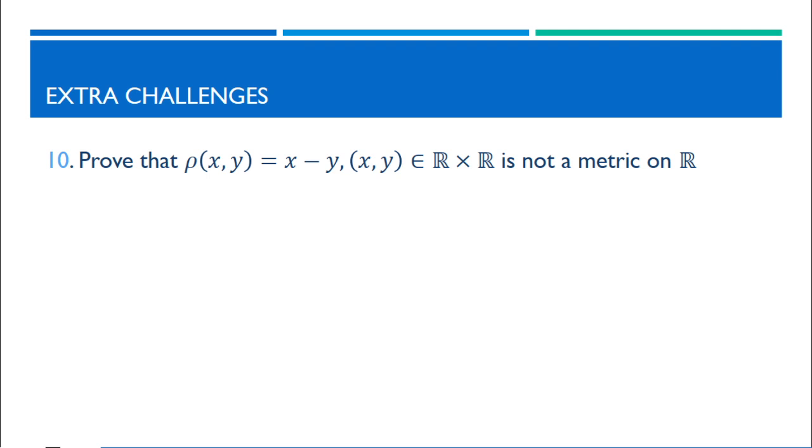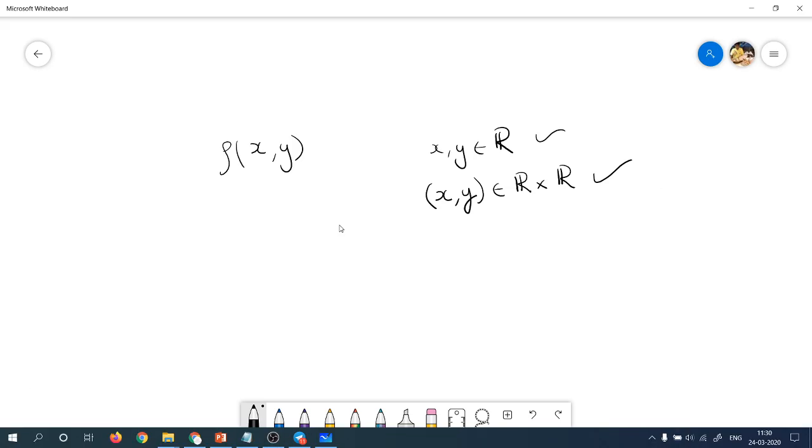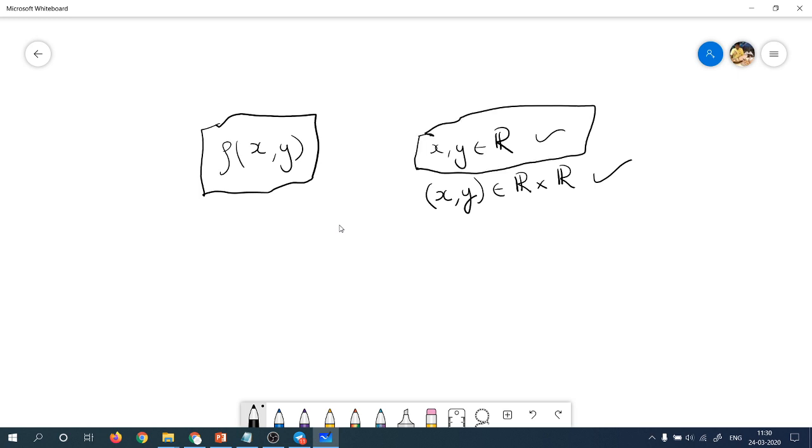So let me quickly repeat. Whenever I mention rho of x comma y, I always mention x comma y belongs to R. And in this particular question, I have said x comma y tuple.